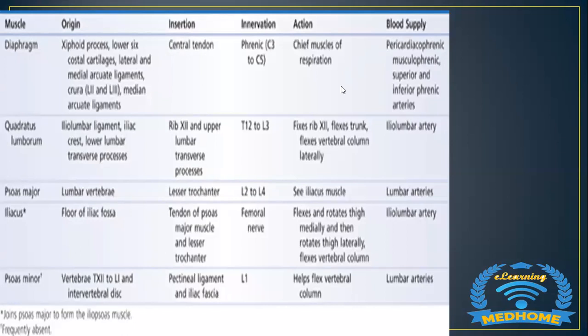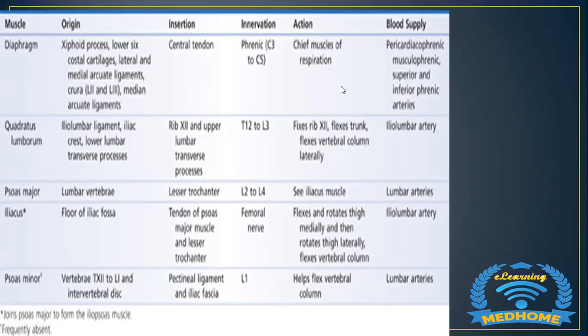And we have psoas major and psoas minor muscles. Psoas major has origin from the transverse processes of the lumbar vertebrae, and it is inserted on the lesser trochanter of the femur, and its nerve supply is L1 and L2. Psoas minor lies in front of the psoas major, originates from T12 and L1, and is inserted on the iliopectineal eminence.